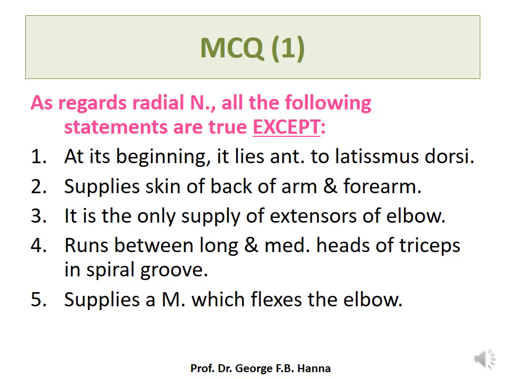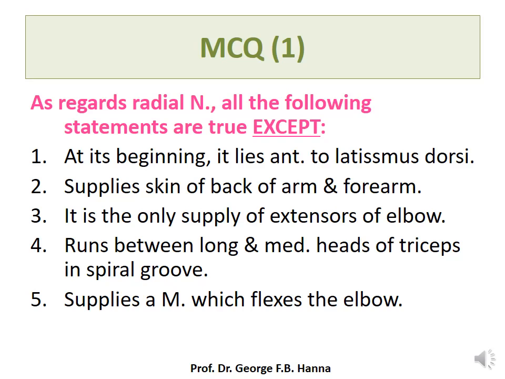It runs between long and medial heads of triceps in a spiral groove. Yes, it runs between 2 heads, but it's not medial and long. I think it is lateral and medial heads. Let us see number 5. Supplies a muscular branch which flexes the elbow. I think brachioradialis does that.